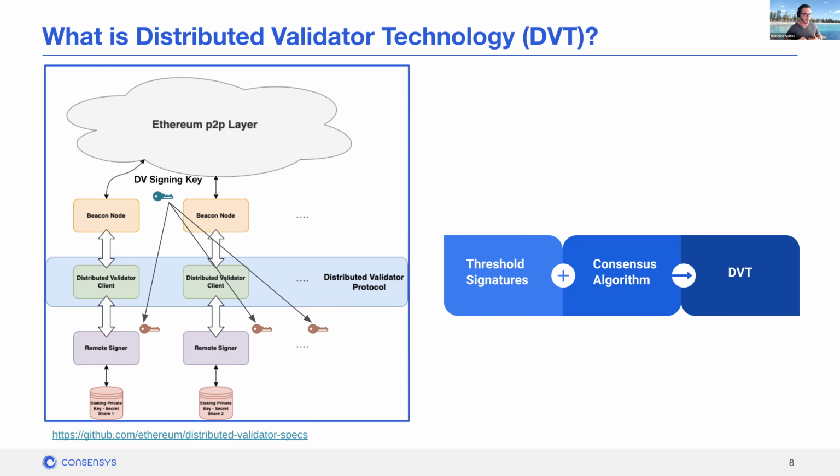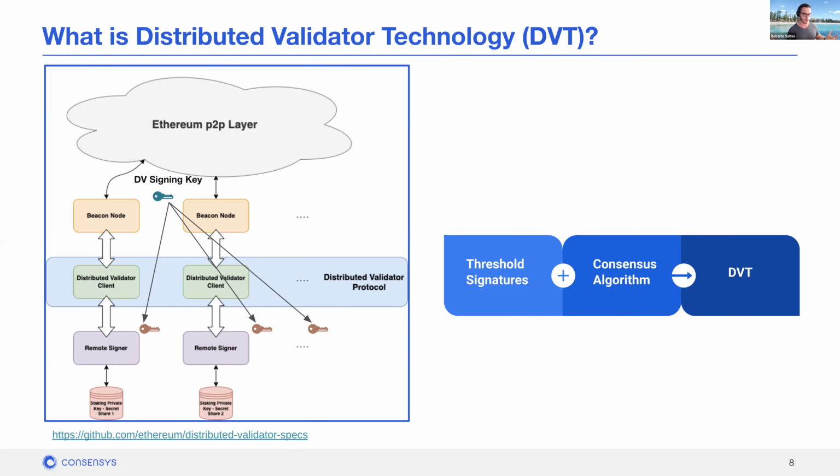They don't accept requests to sign, they just send signed blocks and attestations. Because of the architecture of the protocol, in this case, there was a need to replace the validator client with the remote signer, but they basically fulfill the same role, which is to sign blocks and attestations. So essentially what we have is a distributed validator signing key, and this is split into different shares.